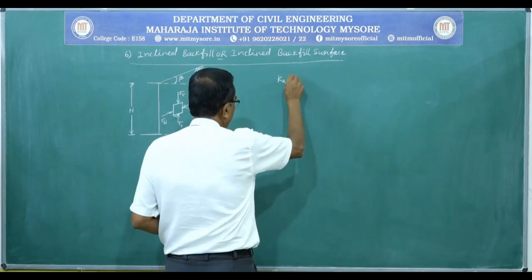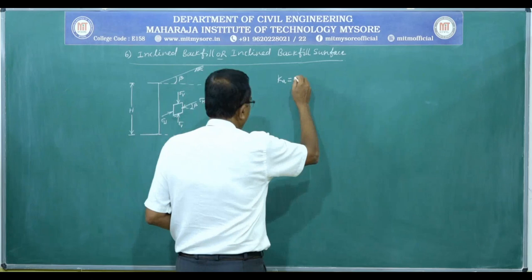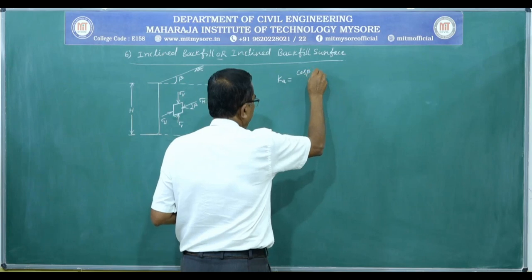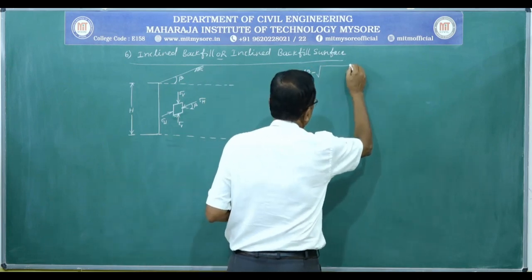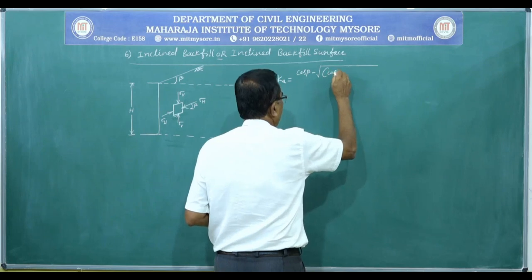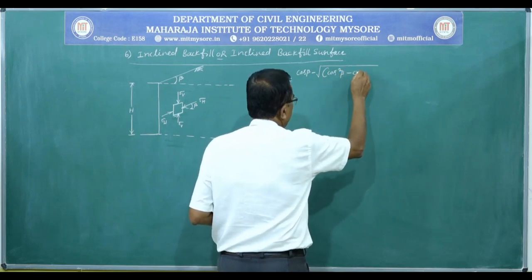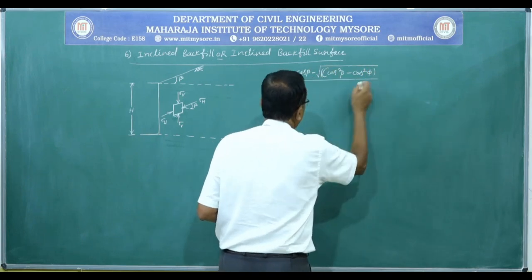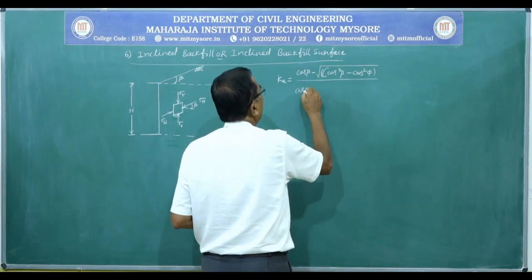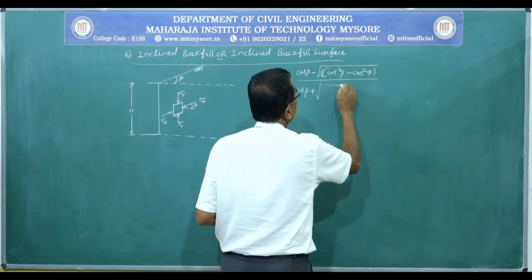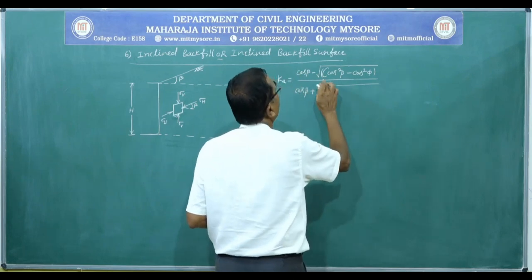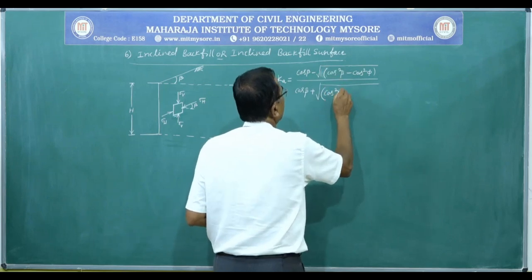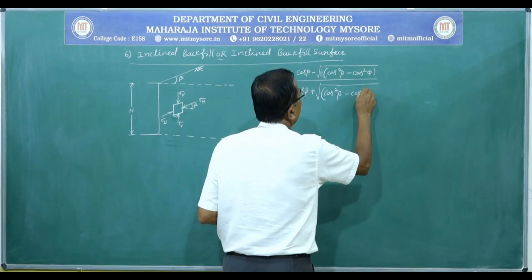Ka, the coefficient of active earth pressure, can be calculated using beta: cos beta minus root of cos square beta minus cos square phi, divided by cos beta plus root of cos square beta minus cos square phi.